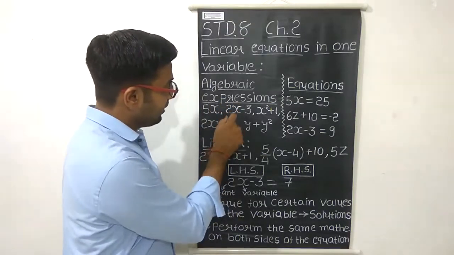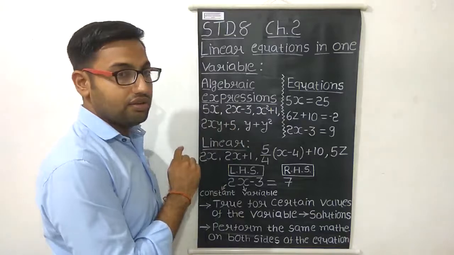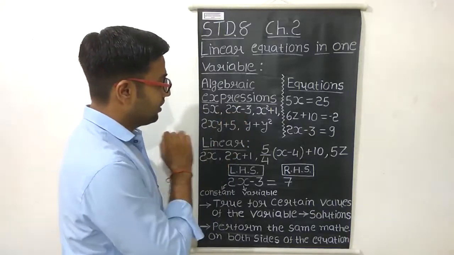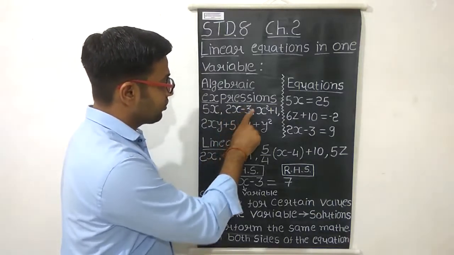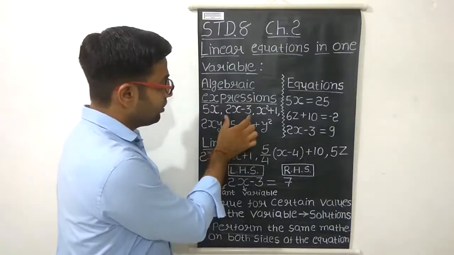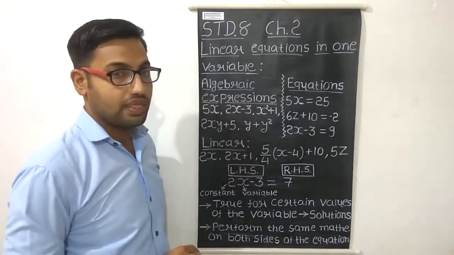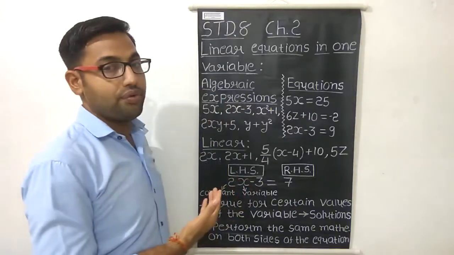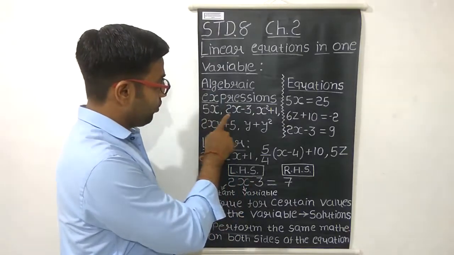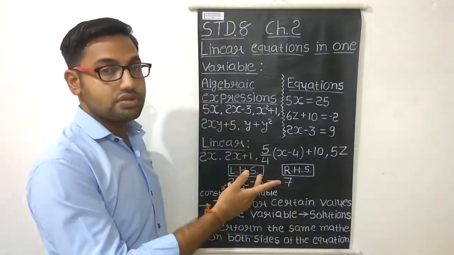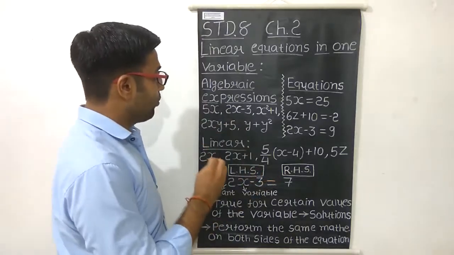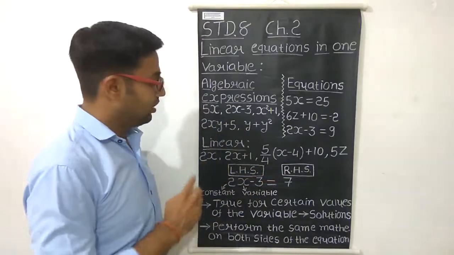So by multiplying constant and variable we get one term, and by subtracting another constant we get two terms here. So this is also an expression. So an expression has either one term, or two terms, or three terms, right? So these are called expressions.